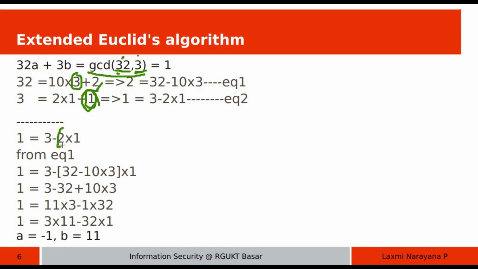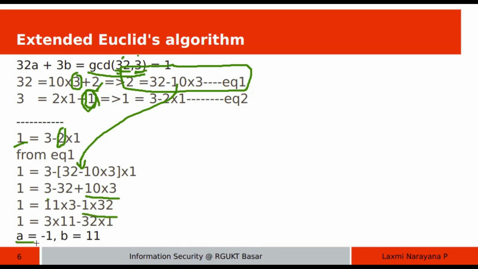We can replace this 2 using the earlier equation because we need to express this remainder in terms of 32 and 3. So 3 minus (32 minus 10 into 3, this is coming from here) into 1. If we rewrite this, 3 minus 32 plus 10 into 3, here we have 11 threes and minus 1 thirty-two. So a equal to minus 1 and b equal to 11.